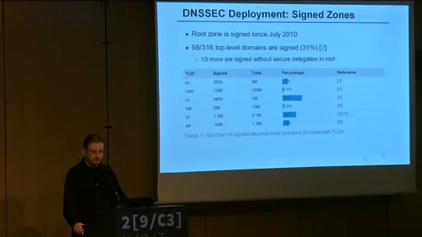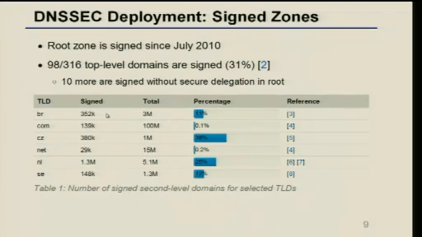Okay, what is the deployment status of DNSSEC? How many signed zones are there? First of all, the root zone is signed for 2 years. Then we have 100 top-level domains, which are also signed, around 100, out of around 300. And then you see here a selection of top-level domains and the number of signed second-level domains.